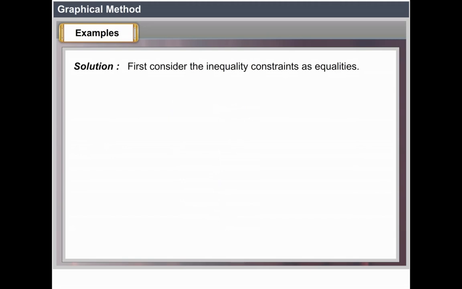Solution. First consider the inequality constraints as equalities. Minus 2x1 plus x2 equal to 1, equation number 1. x1 equal to 2 is equation number 2. x1 plus x2 equal to 3 is equation number 3. x1 equal to 0 is equation number 4. x2 equal to 0 is equation number 5.